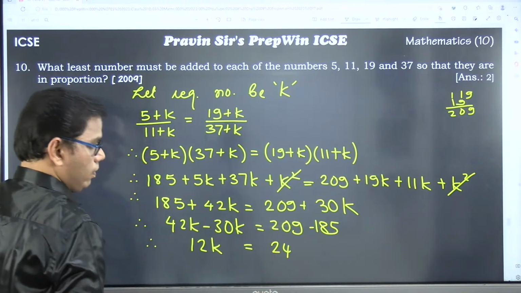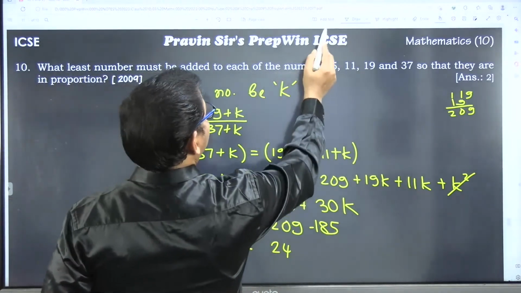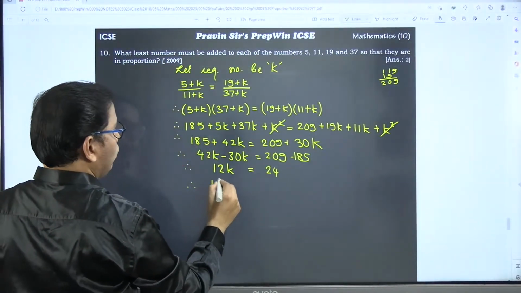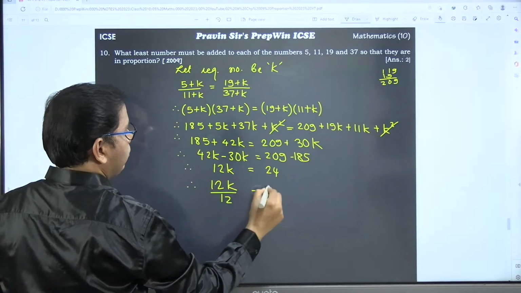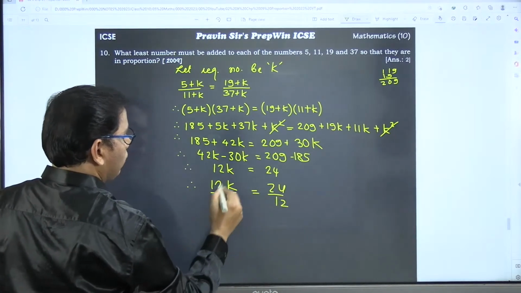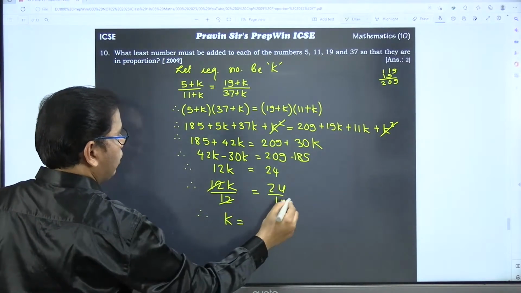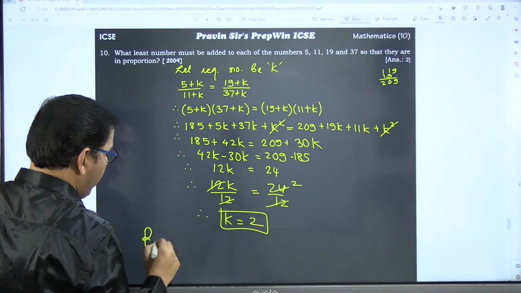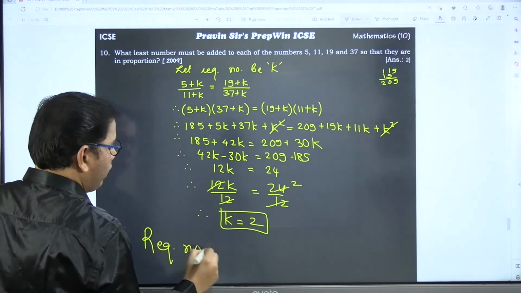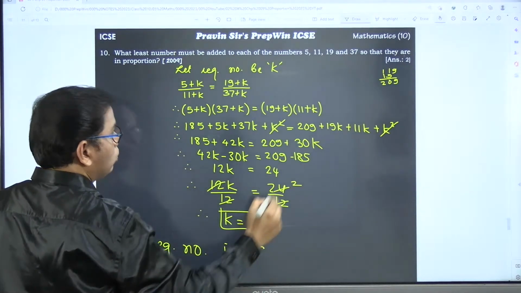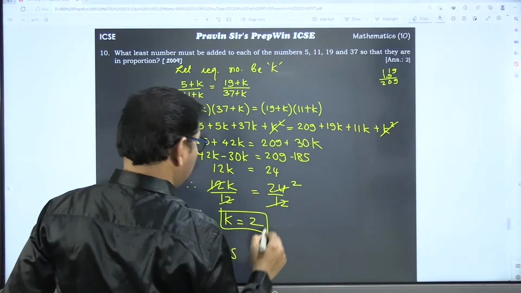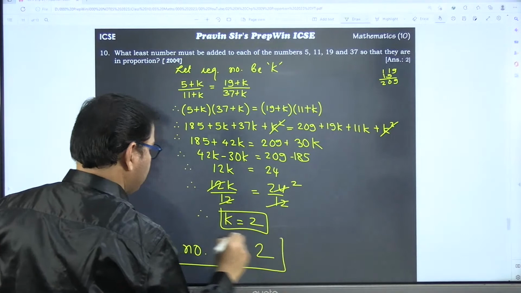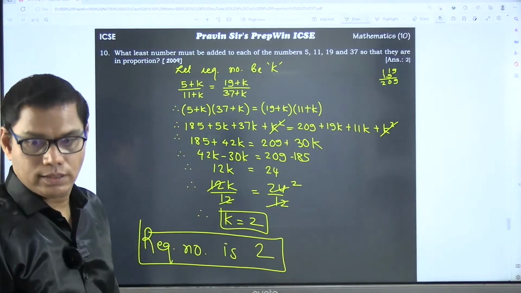Right? 24. Therefore, dividing both sides by 12, k is equal to 2. So the answer, the required number, is 2. Right? This is my final answer.